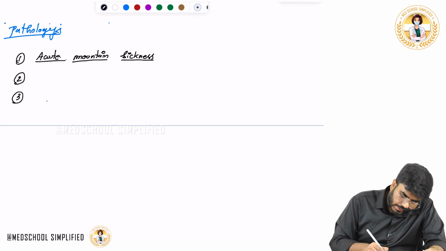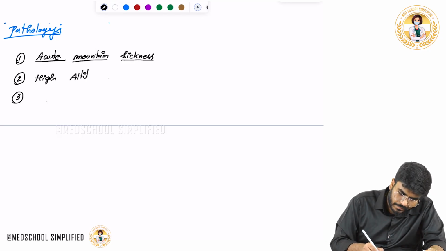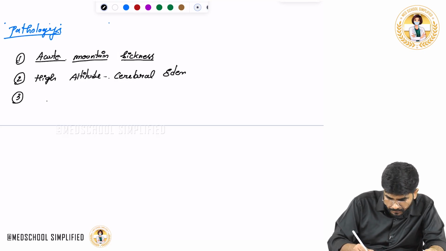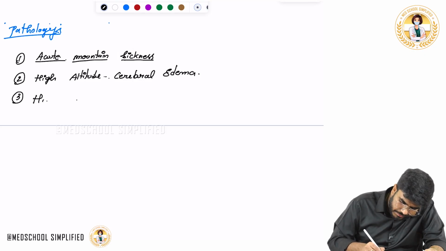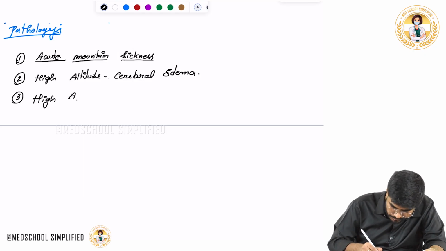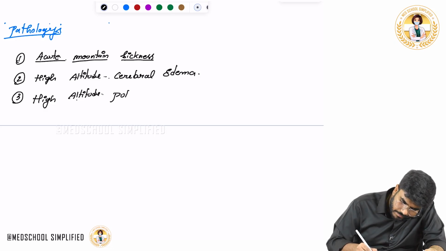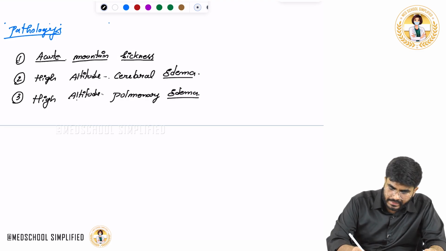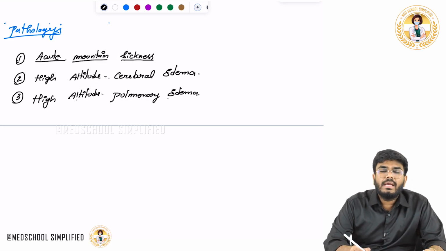Next, high altitude cerebral edema. Next, high altitude pulmonary edema. See, these are the three problems one can get with high altitude.